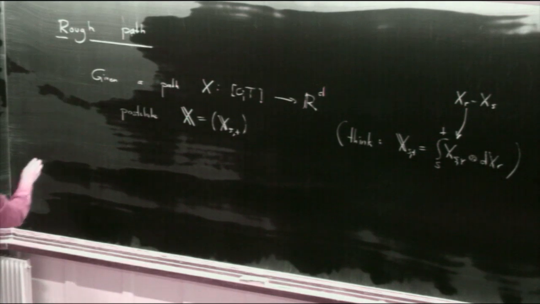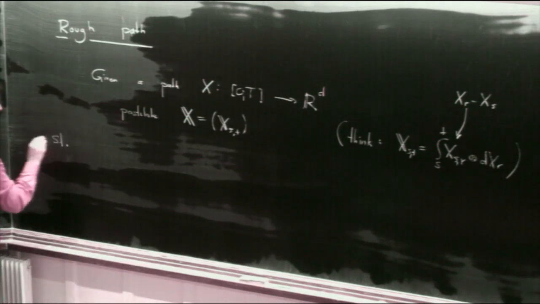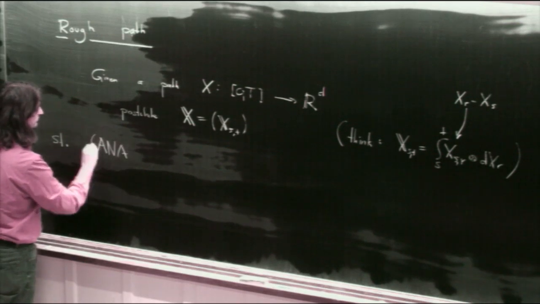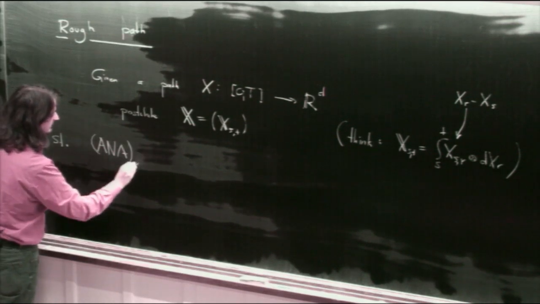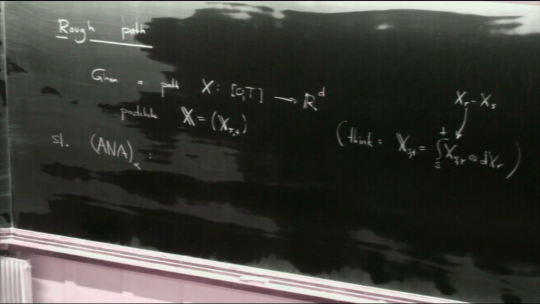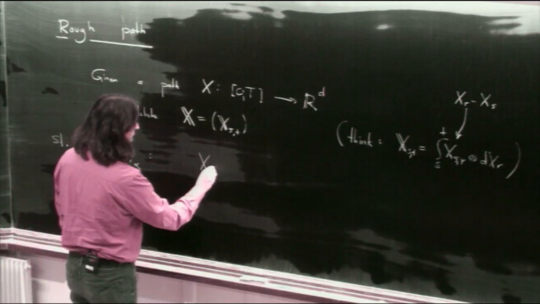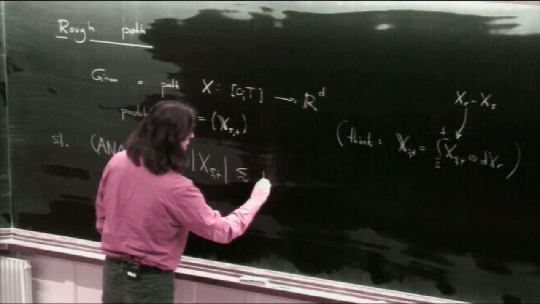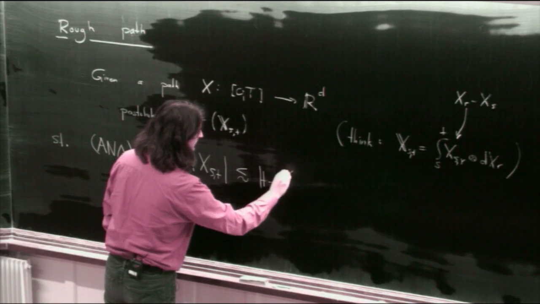So, such that there's this analytic condition, Ana alpha, which basically says that our path is alpha Hölder.